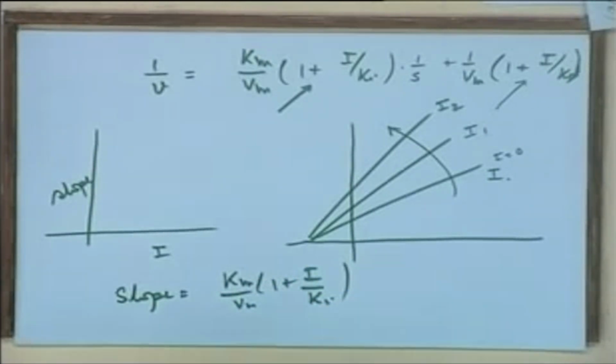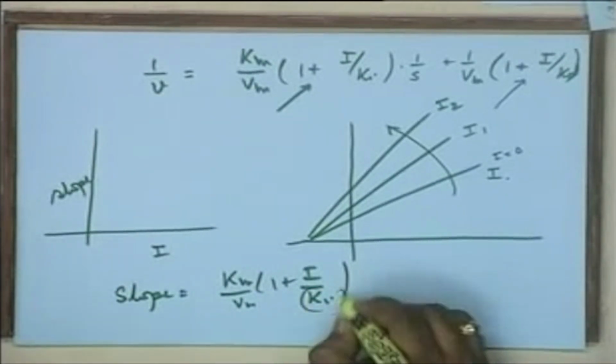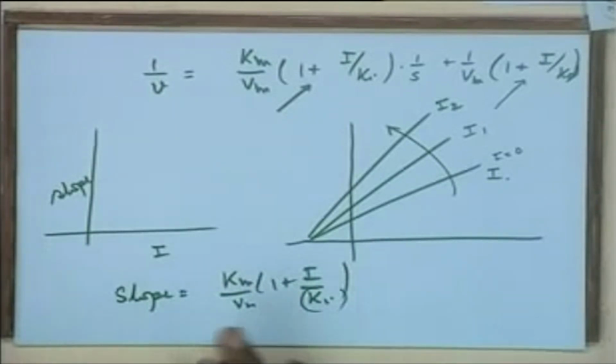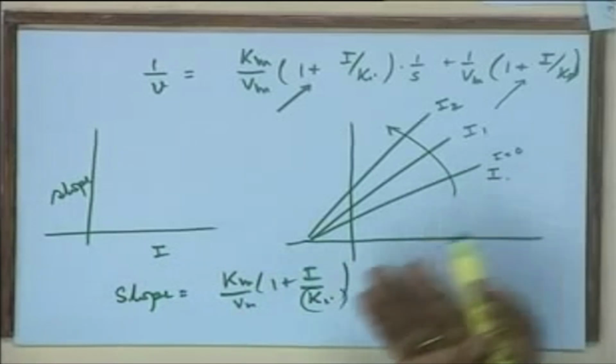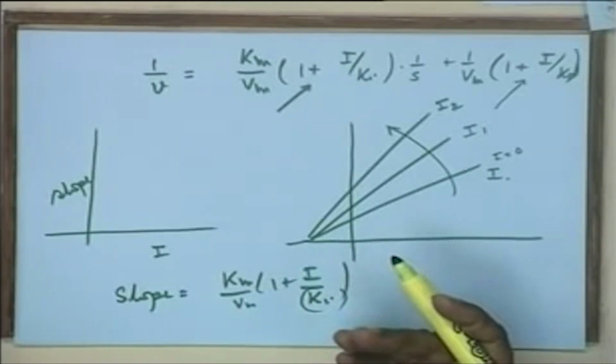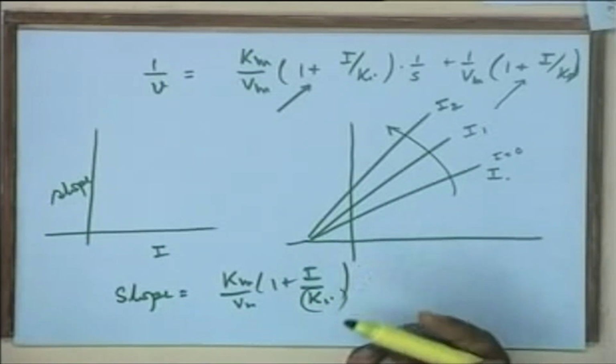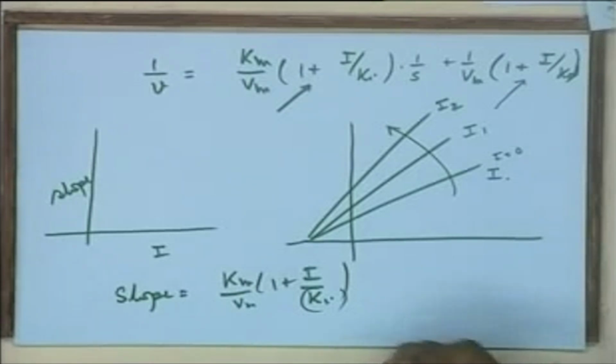Therefore, one can determine the magnitude of Ki either by plotting the slope versus the inhibitor concentration or by the intercept. Either way, that can give you the magnitude of the inhibition constant.